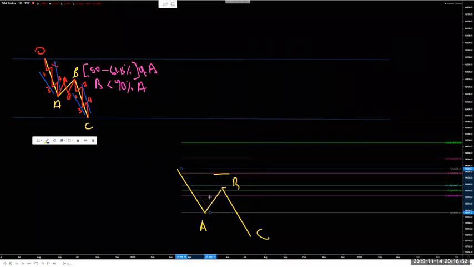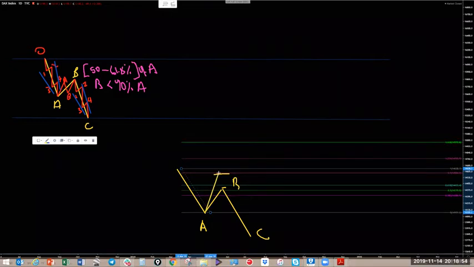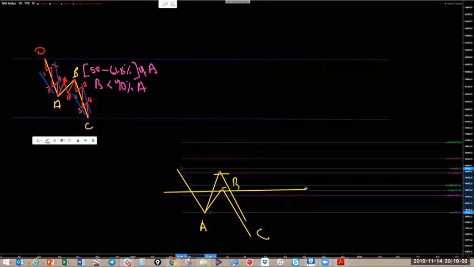Now, if it goes above 90%, the reason why we don't want it to go above 90% is that this will no longer be a zigzag but a flat correction, because it's not going to go sideways. So that's why we say wave B should not go above 90%. If it goes above 90%, then we are no longer looking at a zigzag, but rather a flat correction.